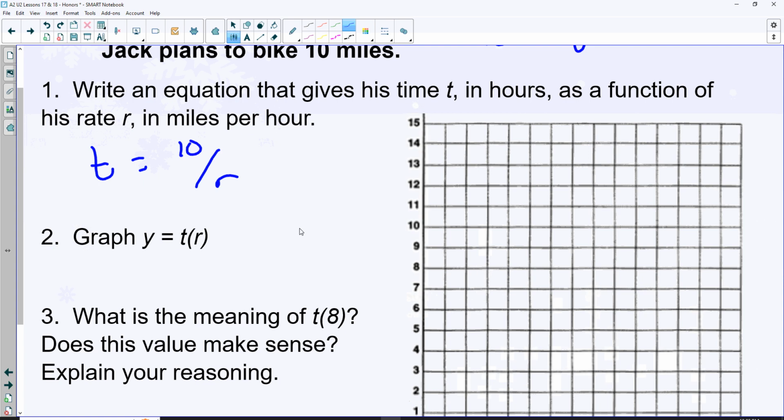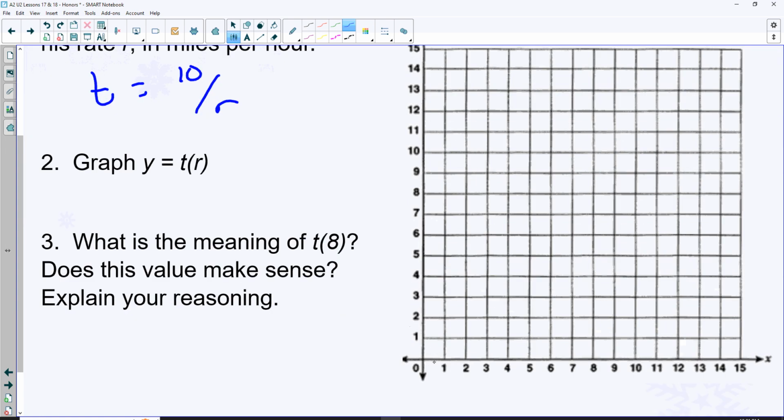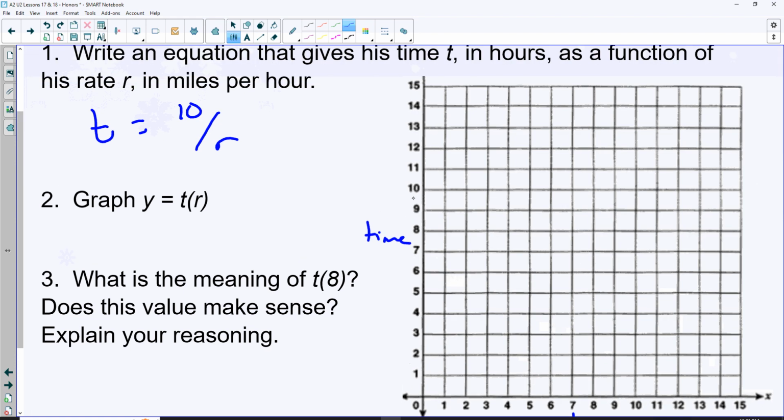Okay, so let's think about some values that make this true, right? So on the bottom, this is his rate, and this must be his time. So if he goes for 1 mile an hour, how long is it going to take him? Well, let's go in 10 miles, right? 10 over 1 is 10.